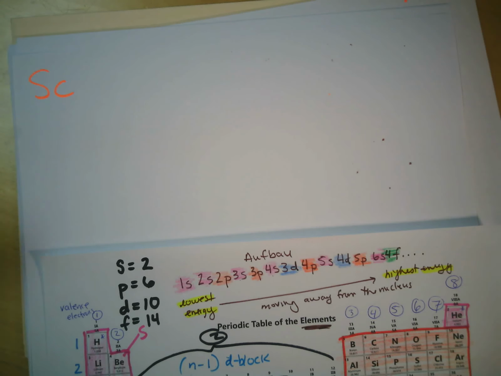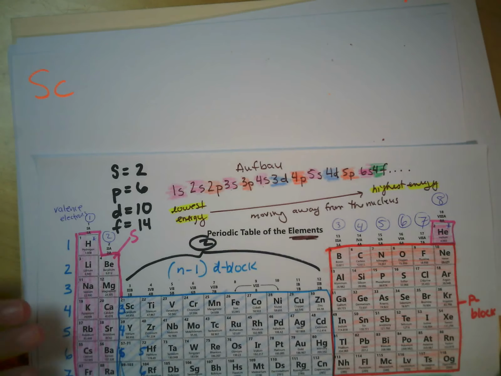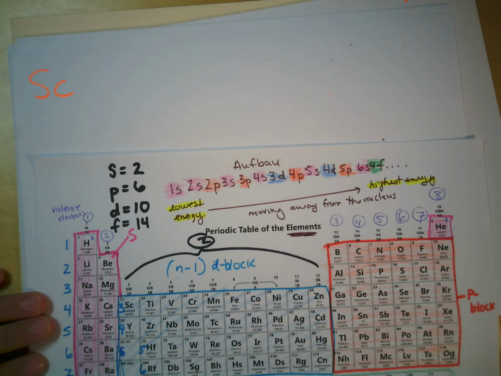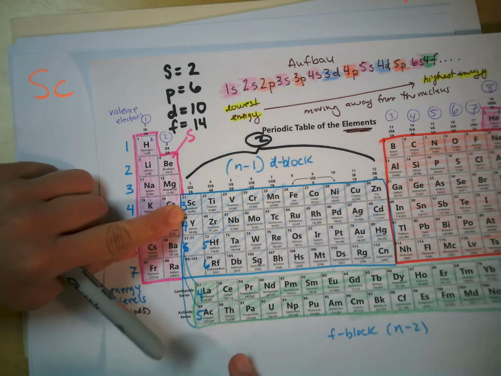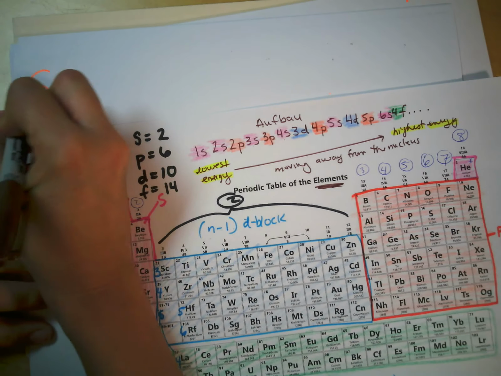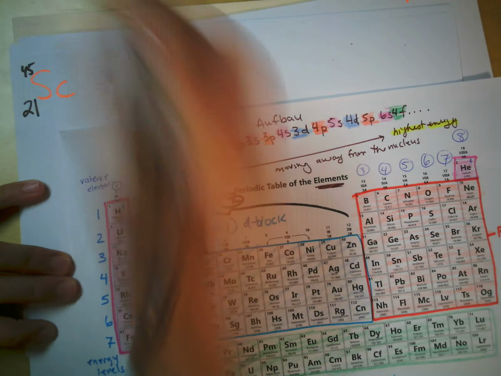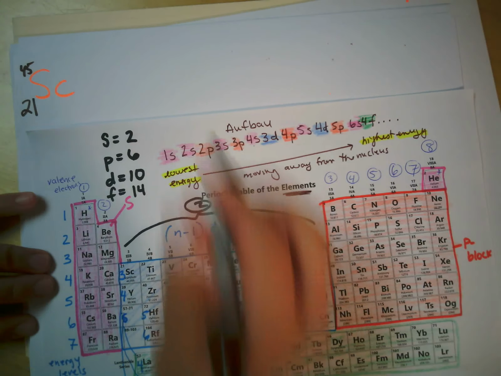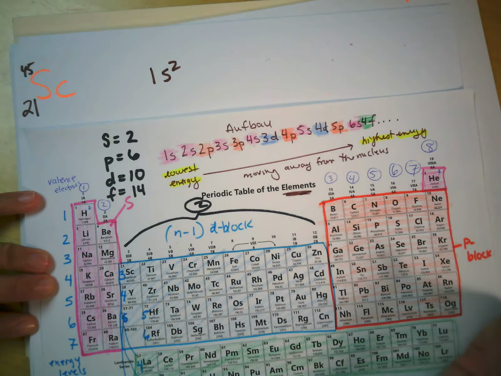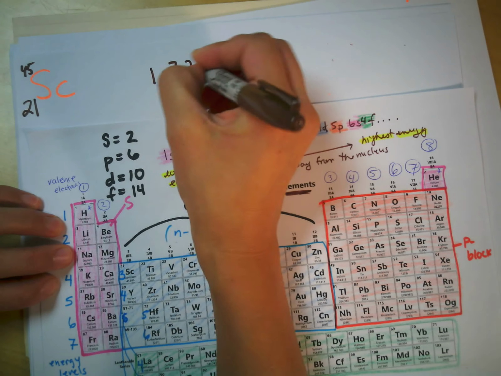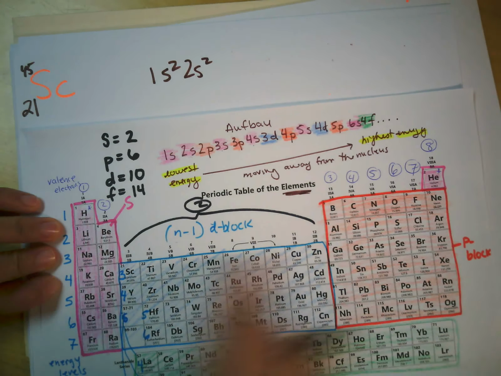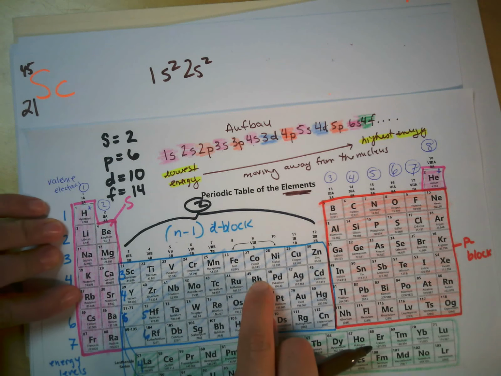All right, we have SC, so Scandinavian, should be, let's see if I can find it on here. Yeah, scandium, that's what it is, scandium. All right, it's number 21, and it has atomic mass of 45. So we're going to go 1s2, 2s2. We know we're going all the way up to 45 here.